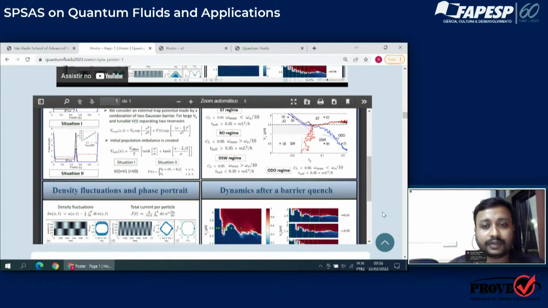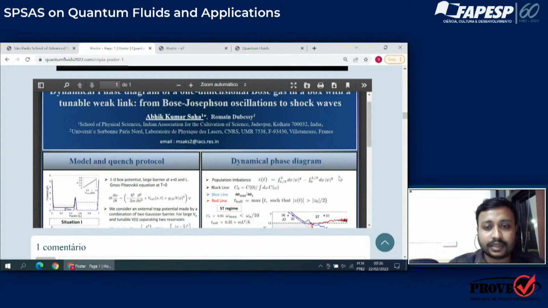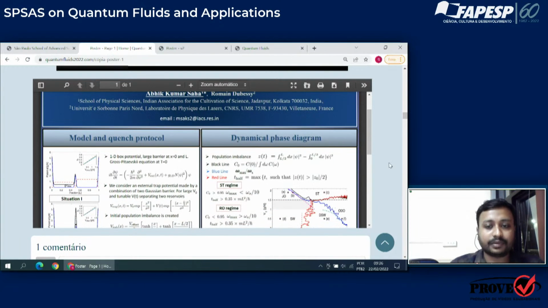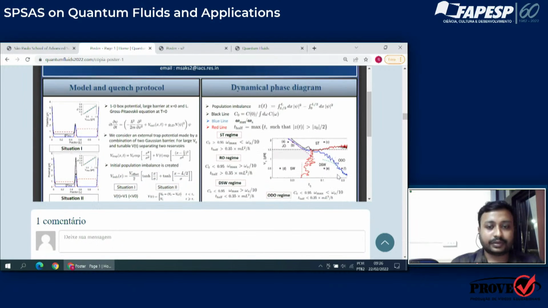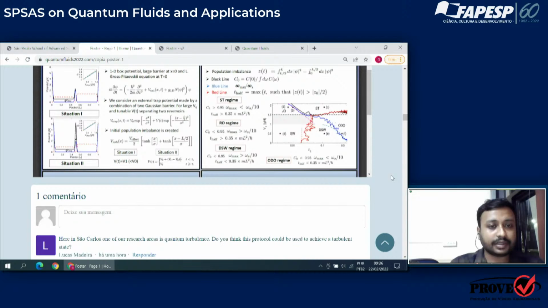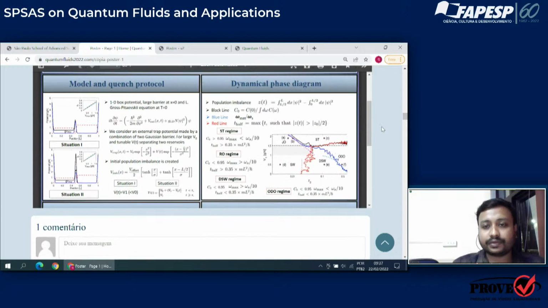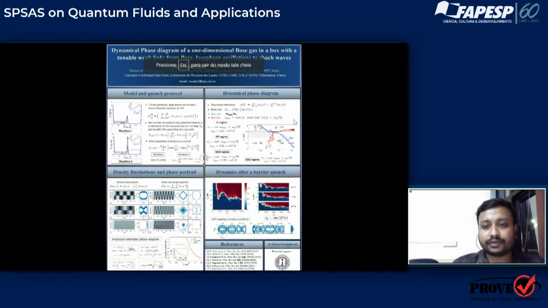That is the phase diagram picture, where we mainly see various regimes like Josephson oscillation, self-trapping, shockwave, and overdamped oscillation. We mainly solve the Gross-Pitaevskii equation using the imaginary time method, and we describe all those regimes, and this dashed line shows the approximate analytical results.